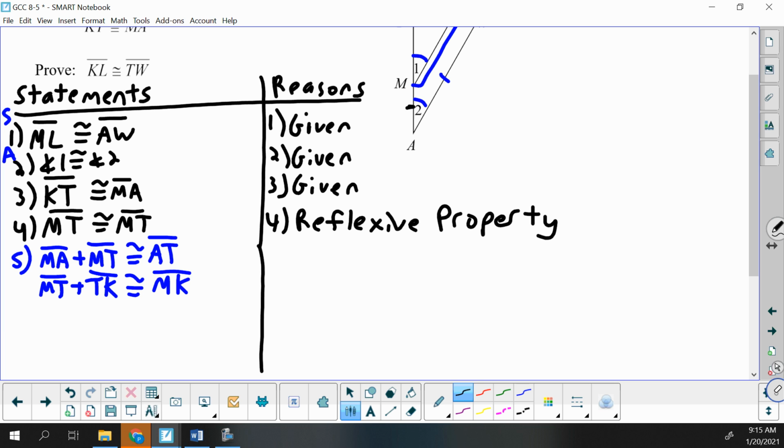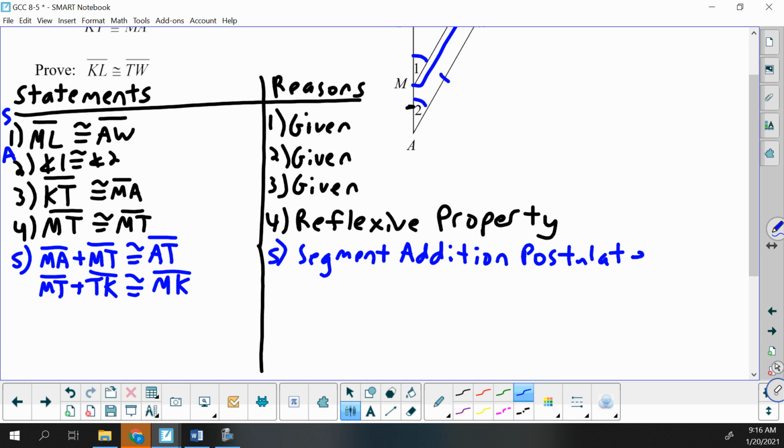Remember our reasons, go 3, 2, 1. 3 words, 2 words, 1 word. So the first one is segment addition postulate. The second step in our sequence, we take the side of our previous statement that had 2 things and make them congruent to each other.